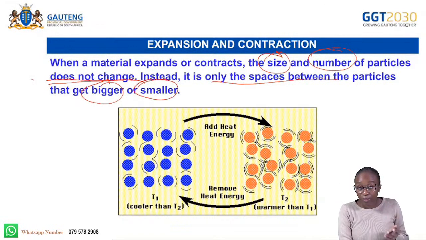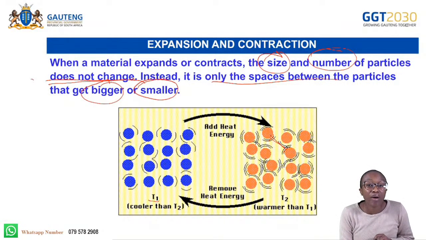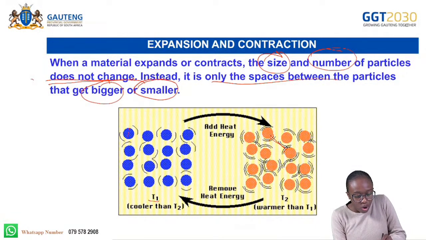Now, let's prove that point. Let's say we add heat to T1. Then the spaces between the particles of T1 increase. But is the number of particles the same? Let's count. 1, 2, 3, 4, 5, 6, 7, 8, 9, 10, 11, 12, 13, 14, 15, 16.